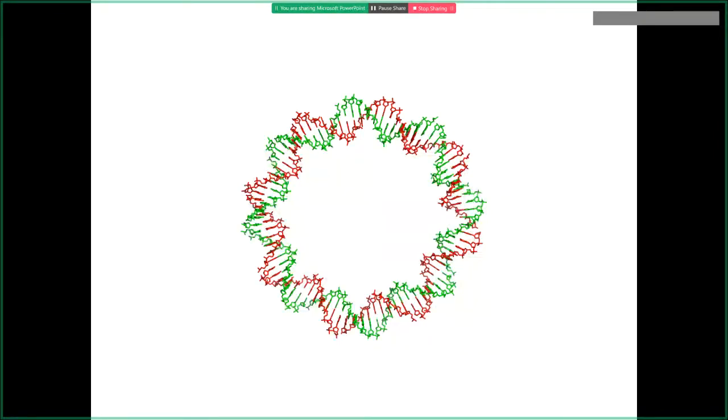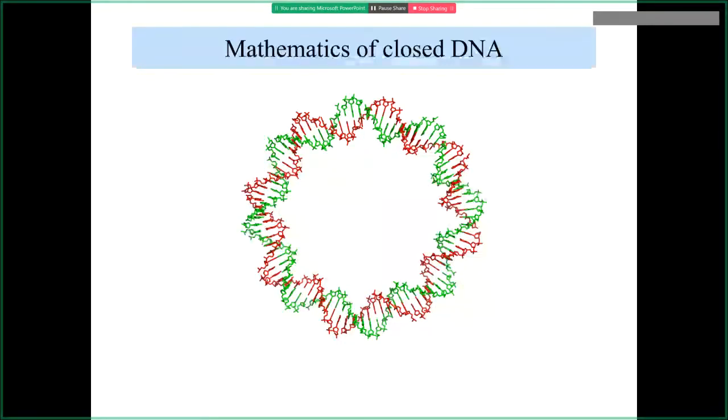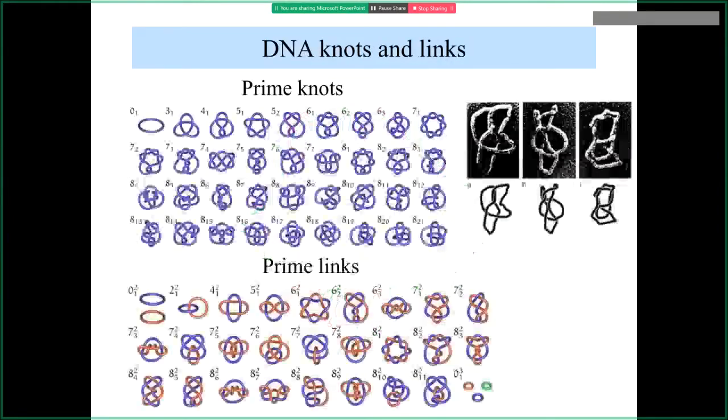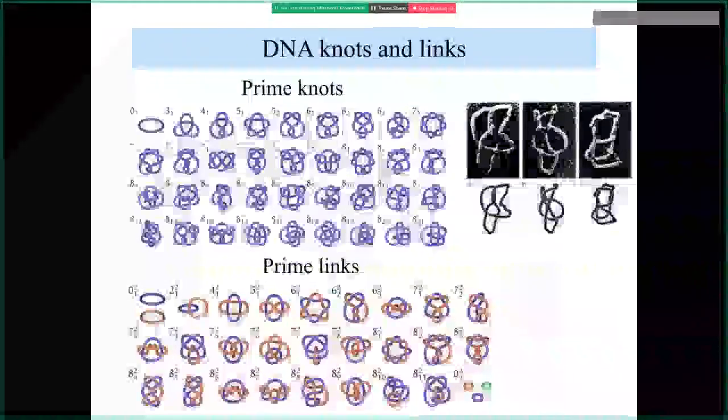Now, many people who have spoken at this symposium have focused on the topology of a closed DNA, where you idealize DNA as a single closed curve in space, and in that aspect you focus on DNA knotting and linking.